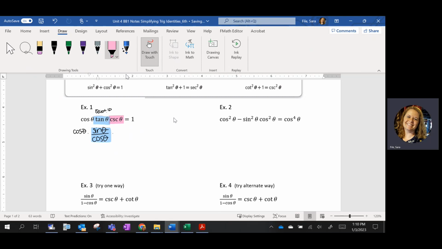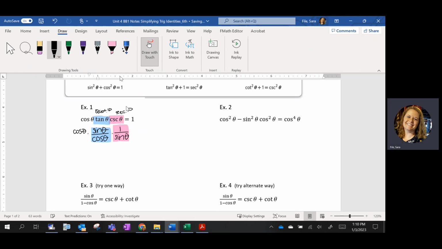What could I substitute in for that? Yeah, I could use the reciprocal identity, which says cosecant is equivalent to 1 over sine. So I used the quotient identity here and the reciprocal identity here.